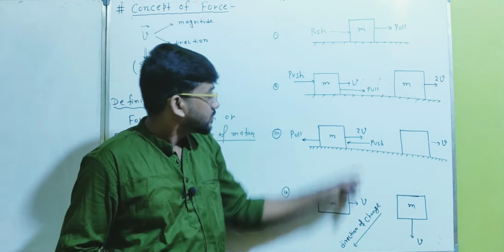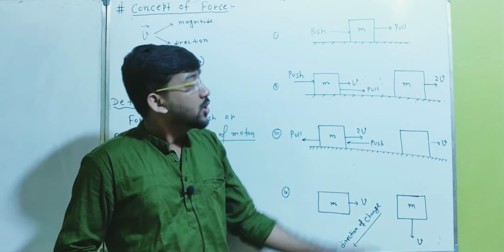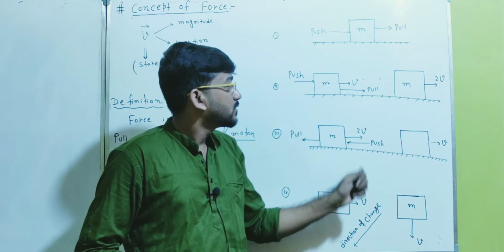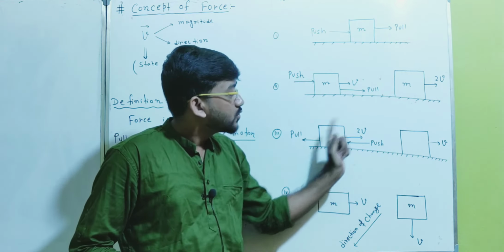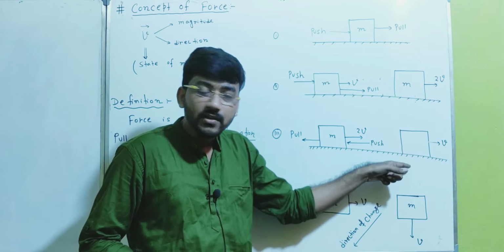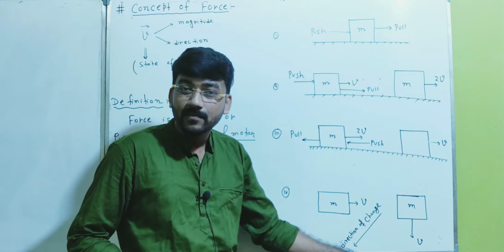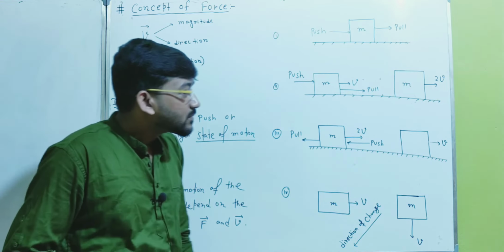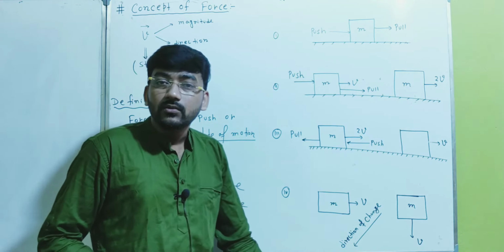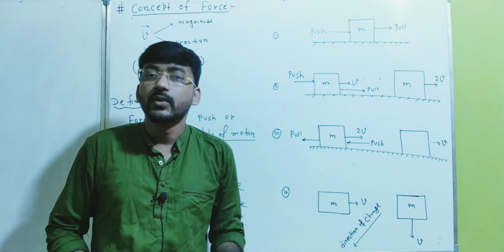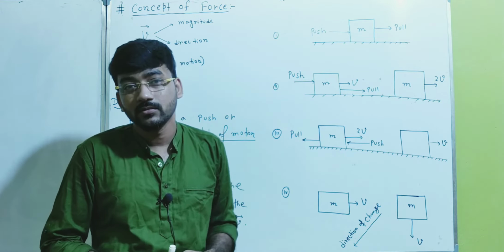So in all the four cases, you can say we have changed the velocity vector. Here the magnitude is increasing. Here also the magnitude, but the magnitude is decreasing. Here the velocity vector changes, but not in magnitude, but in direction. So either in direction or in magnitude, by using the pushing or pulling, what we are going to do actually, we are going to change its state of motion.